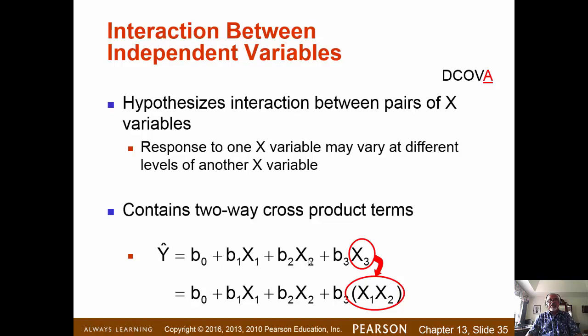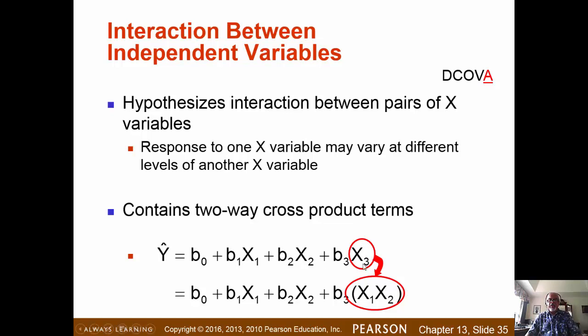Now to assess the interacting effect of x sub 1 and x sub 2 over y hat, we can multiply the two and use this column, multiplied values of x sub 1 and x sub 2, as a third independent variable.